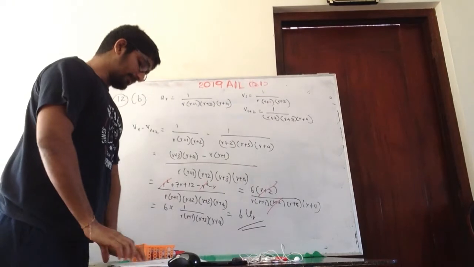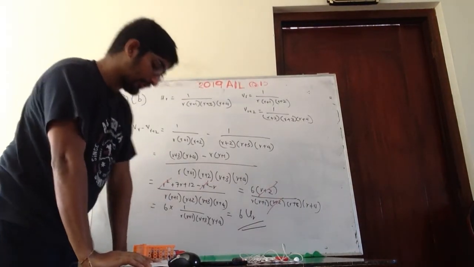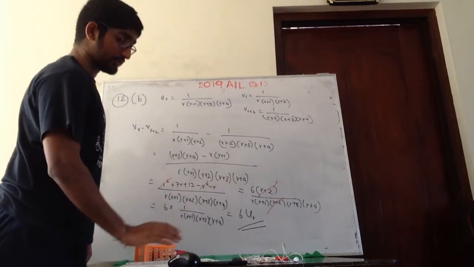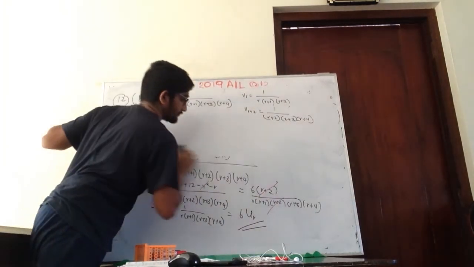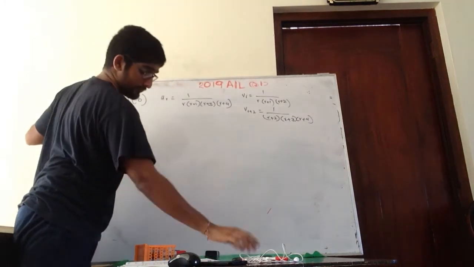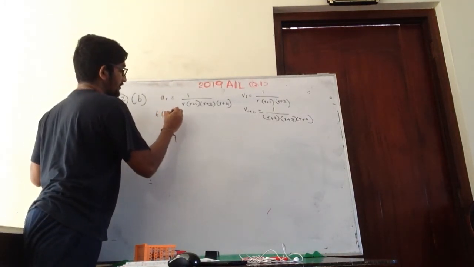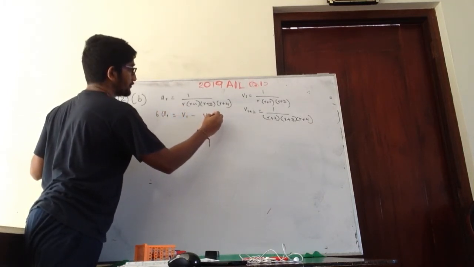Then they are saying, hence show that the addition of UR is the given statement. So now what we know is that 6UR is equal to VR minus VR plus 2.